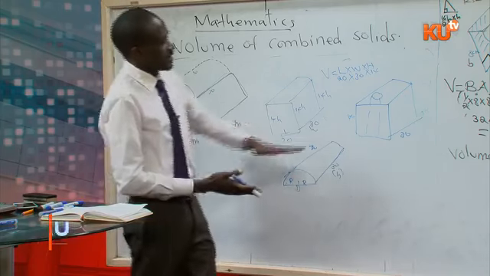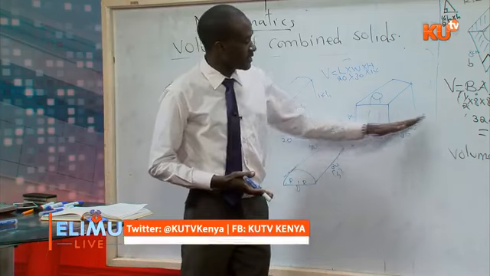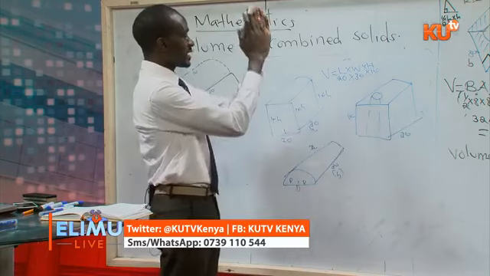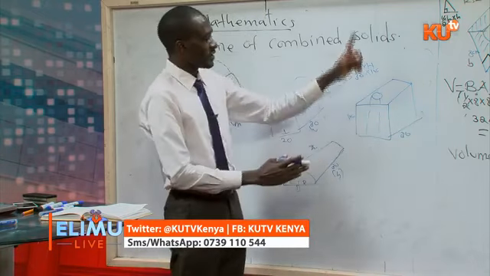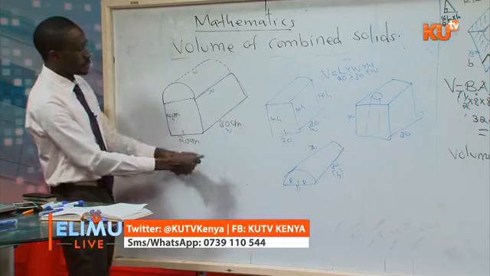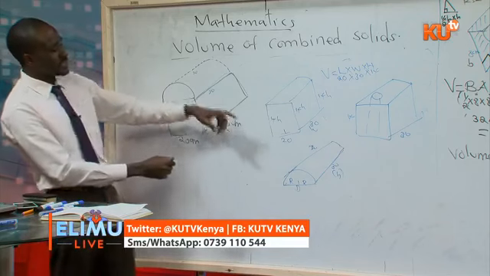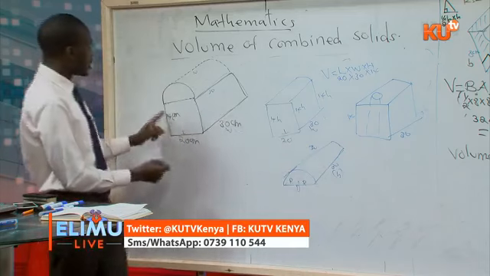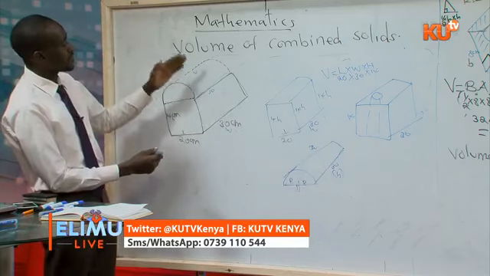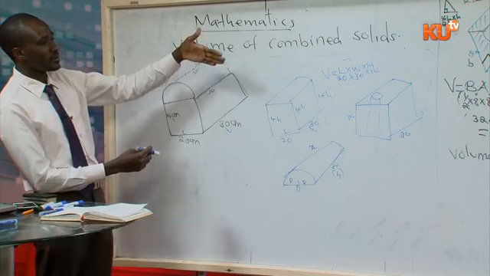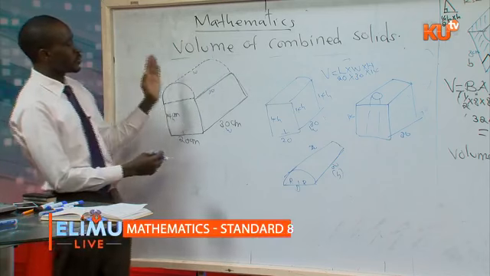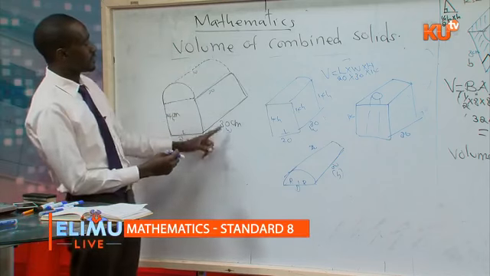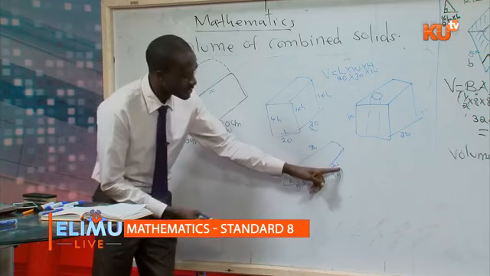If the figure is lying, the height will be this one. If the figure is standing, the height will be this one. So for the learner who is asking why we took the height of half a cylinder to be 30, not 14: remember, half a cylinder was lying. It was not standing. Because it was lying, we take 30 as its height.